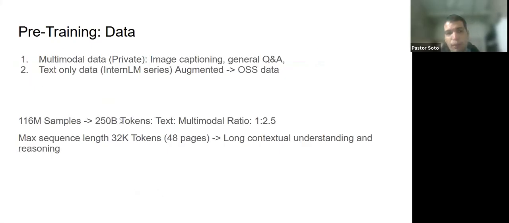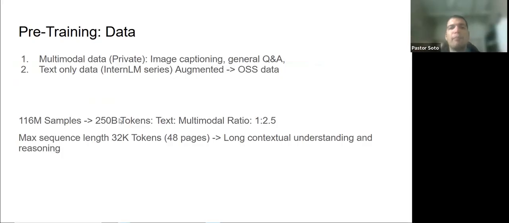The data for the pre-training stage was mostly private, proprietary data from them. So they use multimodal data, mainly image captioning, general Q&A, and text-only data from the InternVL series, and they augmented that data with open source data.